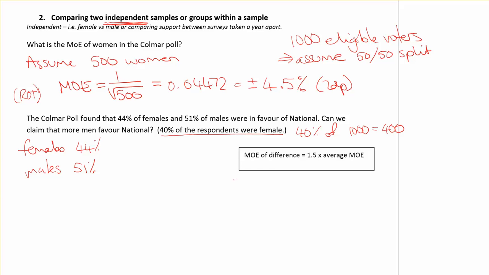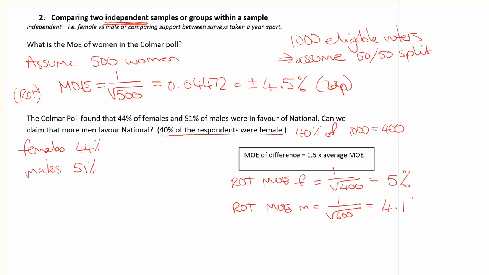So if we do the rule of thumb MOE for the females, and we'll change it to a percentage, and similarly the rule of thumb margin of error for the males must be 600 males, 4.1% to 1 dp. So we go back up over here.